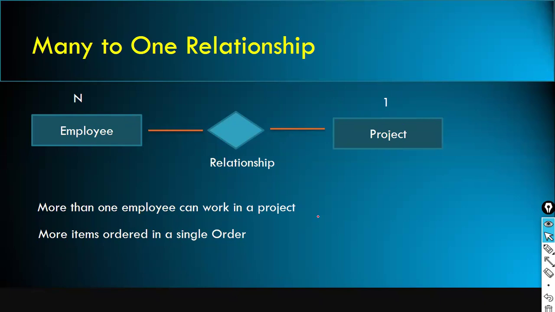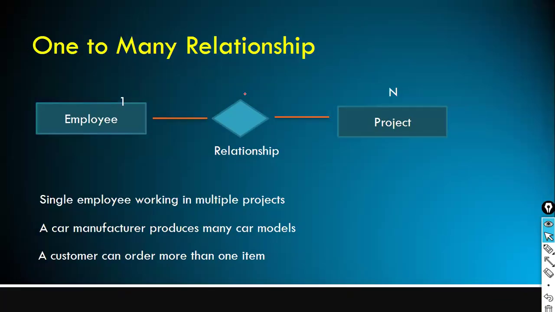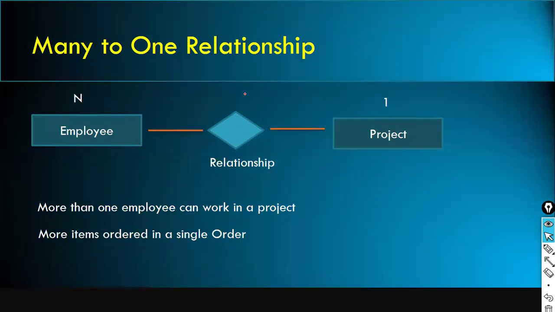So more than one employee can work in a project. Even in construction, to build a single house, multiple daily wage workers are working, right? So this is called many-to-one relationship. More items ordered in a single order, this is another example.